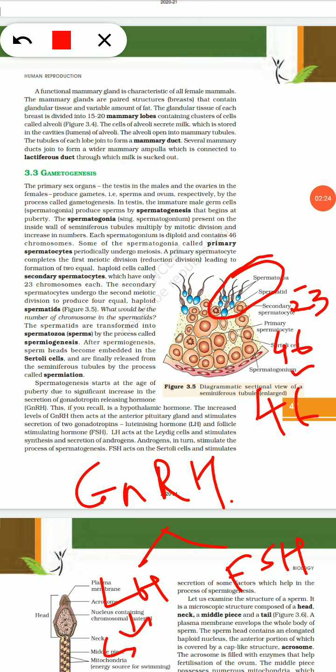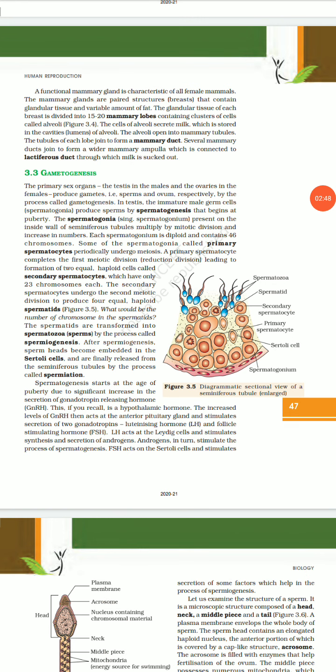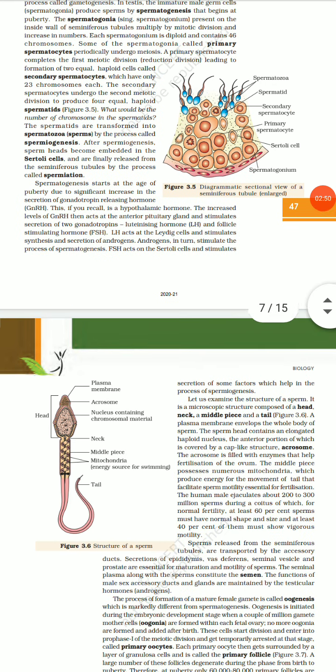Luteinizing hormone will go and work on the Leydig cells and stimulate the synthesis and secretion of androgen. Follicle stimulating hormone will act on the Sertoli cells, so other factors will be produced which are helpful in the process of spermiogenesis. Okay, so this is the part of spermiogenesis.